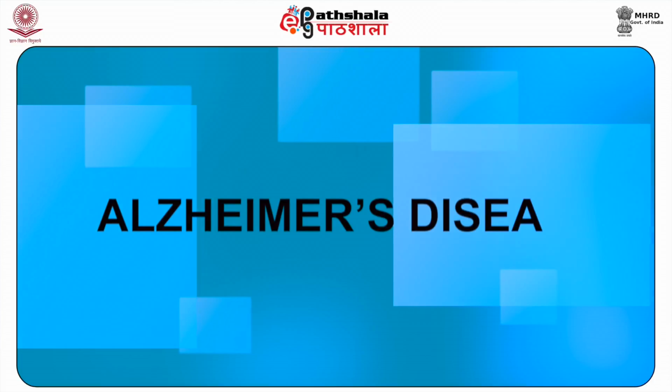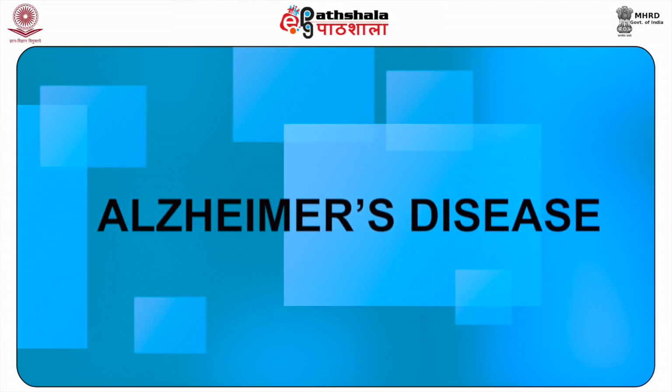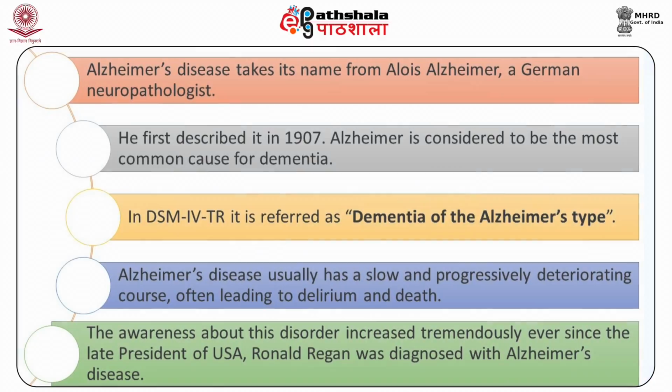Let us now understand what we mean by Alzheimer's disease. Alzheimer's disease takes its name from Alois Alzheimer, a German neuropathologist. He first described it in 1907. Alzheimer's is considered to be the most common cause of dementia. In DSM-4-TR, it is referred to as dementia of the Alzheimer's type.